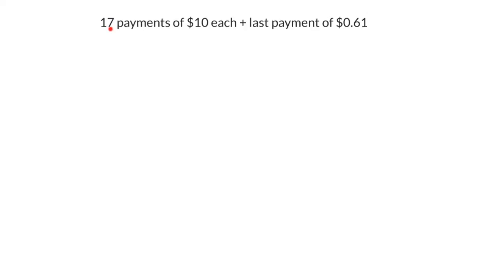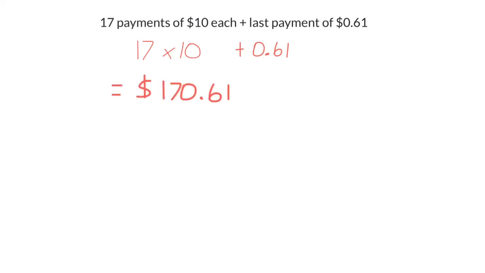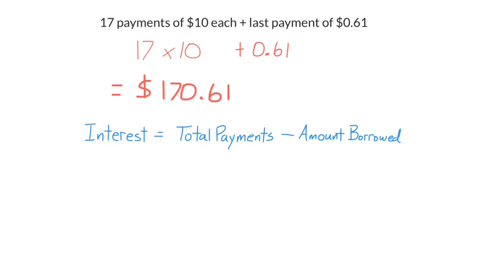So yeah, he makes 17 payments of $10 each, plus his last payment was 61 cents. So that gives us $170.61. That's how much he paid. So the question now is, how much interest did he pay? Well, the interest is just the difference between what he actually paid and what he originally owed.